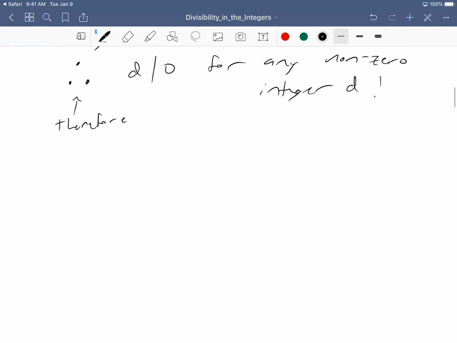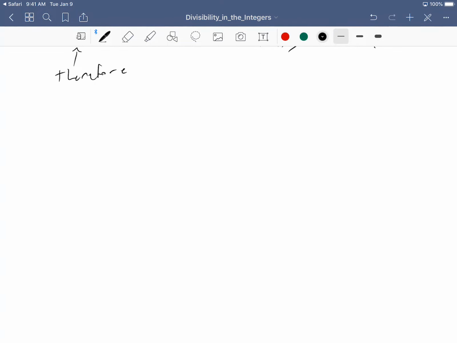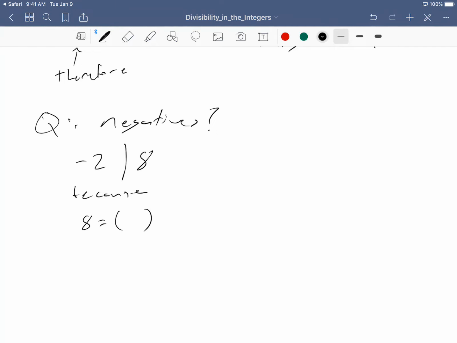All right, one more thing to talk about here. We didn't do an example with negatives, so it's worth talking about how this works for negatives. And this is not too bad once we get used to it. So for example, -2 divides 8 because 8 is something times -2, where that something is -4, right?